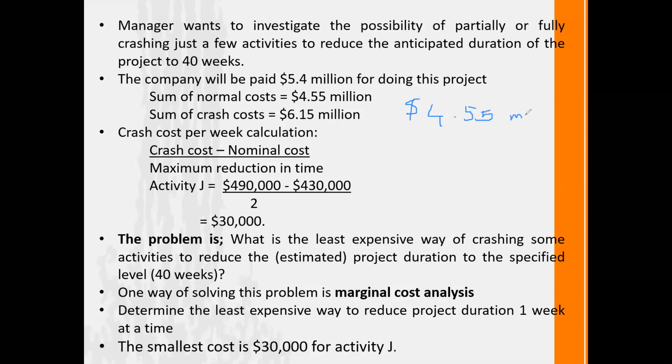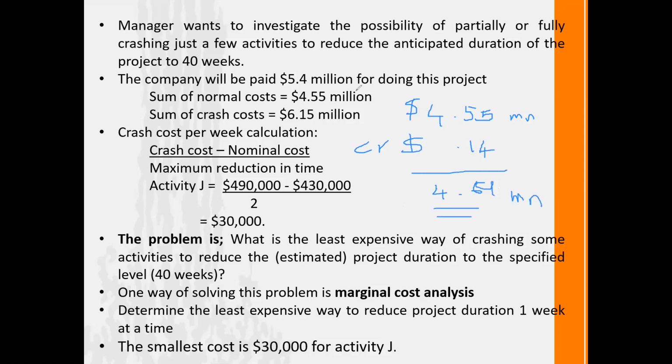Now our total crash cost is $140,000, that means 0.14 million. Then the total cost is 4.69 million.